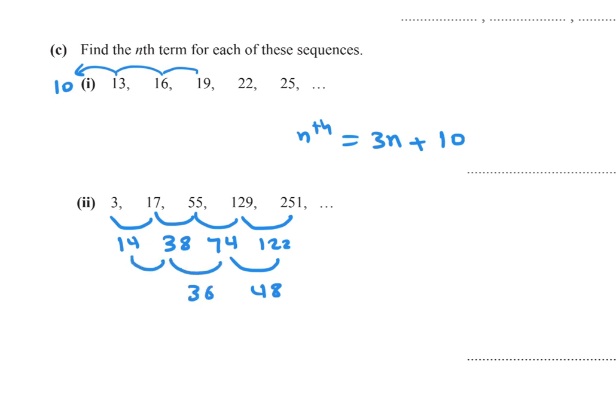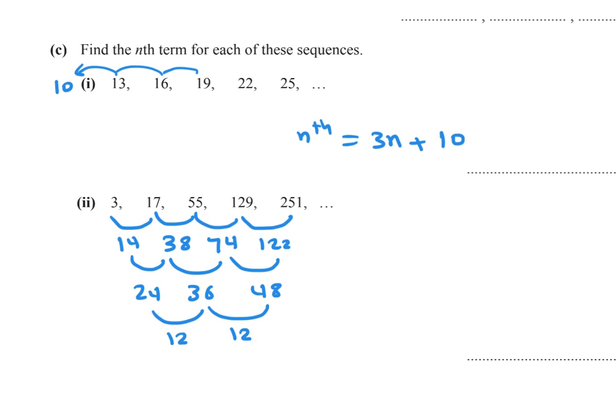Then 38 minus 14 equals 24. The second difference is not constant, so this is not quadratic. Find the third difference. 48 minus 36, 12. 36 minus 24, 12. The third difference is constant, so this is a cubic sequence.